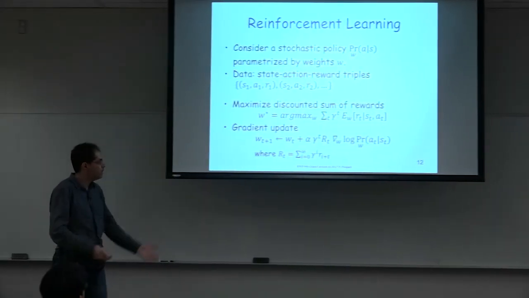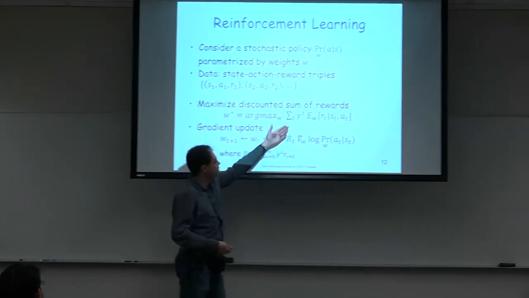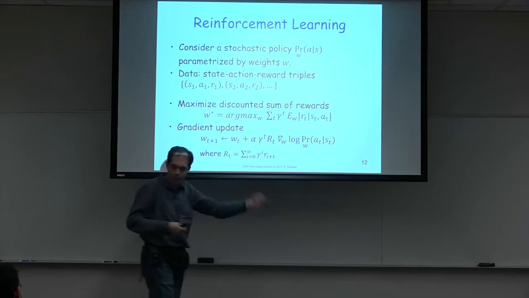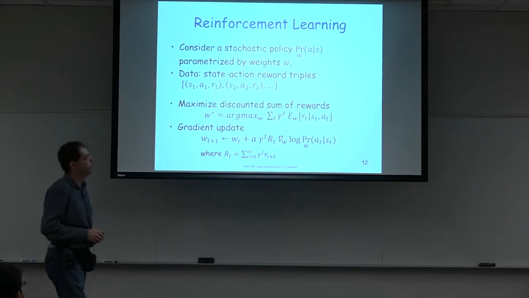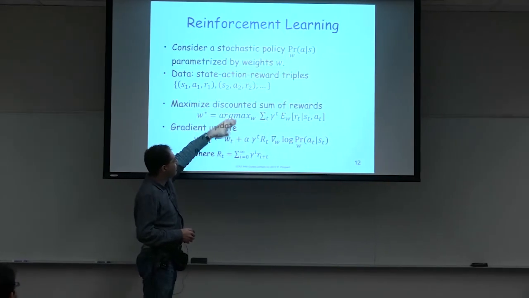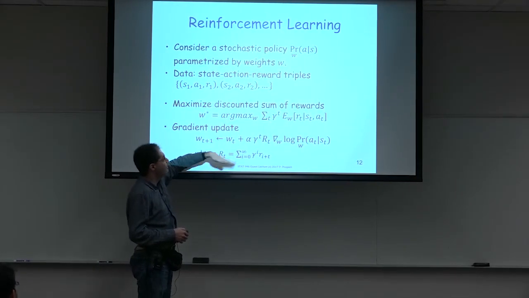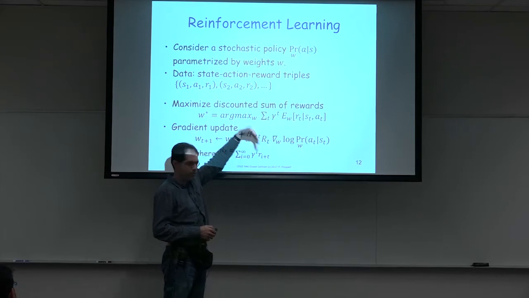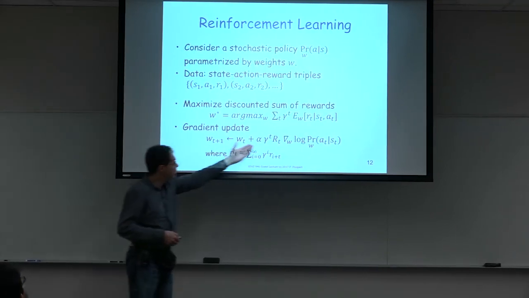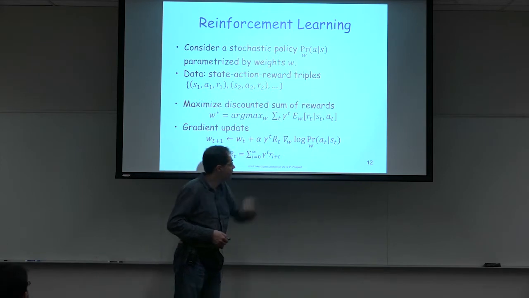And here again, I have an expectation with respect to the rewards because there's some stochasticity either due to the policy or otherwise due to the environment. So that's our optimization problem. In this optimization problem, if we treat the weights, W, as a variable and compute the gradient, we can show that the gradient will correspond to this equation.